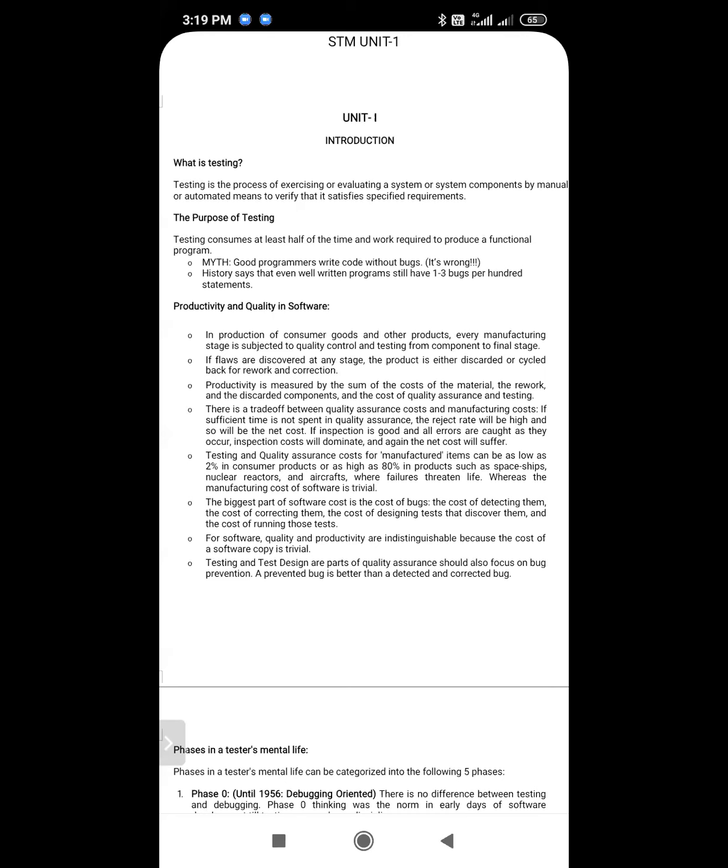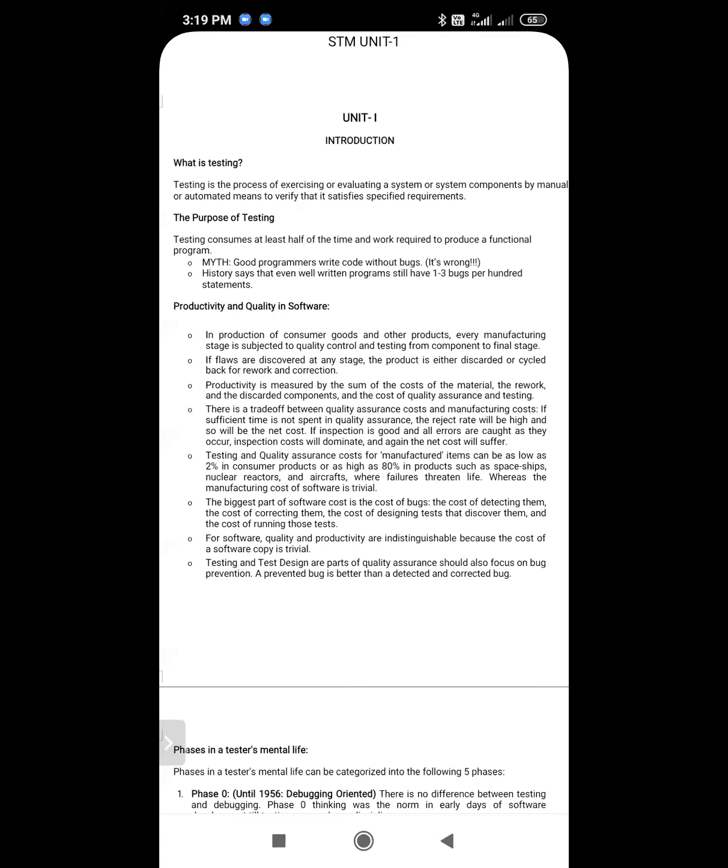Okay, next one, the productivity or the production of consumer goods and other products: every manufacturing stage is subjected to quality control and testing from component to final stage. Here the flaws are discovered. A flaw is nothing but a problem or a defect or a bug, anything.